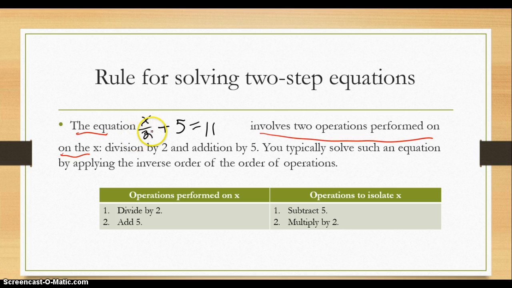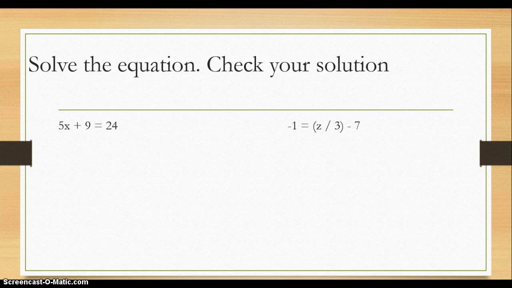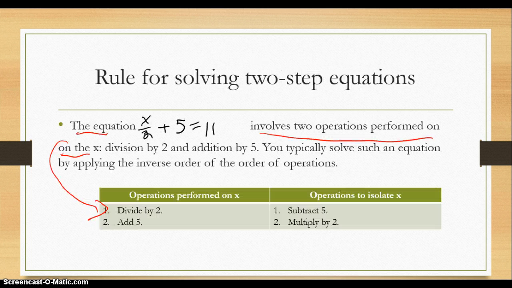So if I was solving this problem, it says x divided by 2 plus 5 equals 11. So you would divide whatever x would be by 2, and then you would add 5. So that's what is stated right here: operations performed on the x. So we would divide by 2 and then add 5, and that would give us 11.